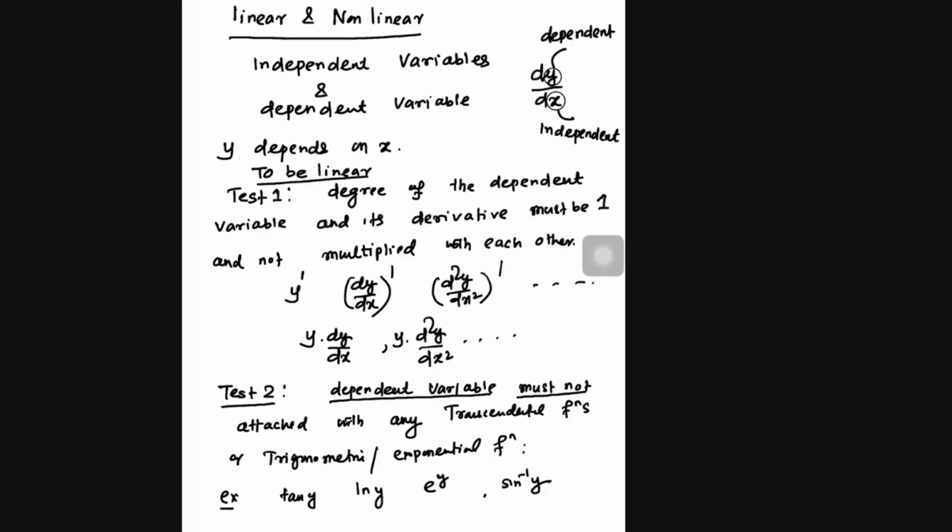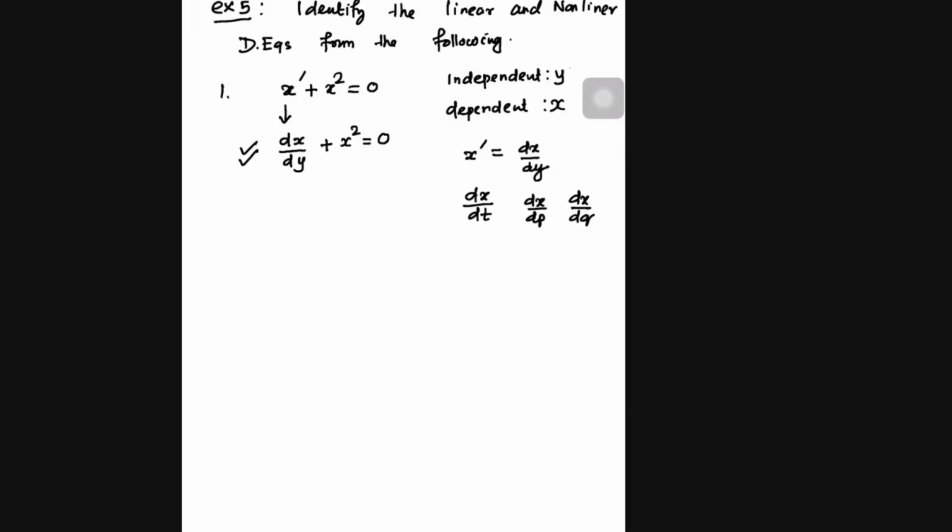Let's go to the definition. What does the definition say? Test one: the degree of the dependent variable and its derivative must be 1 to be linear. So here, what is the degree of the dependent variable? One. Where?